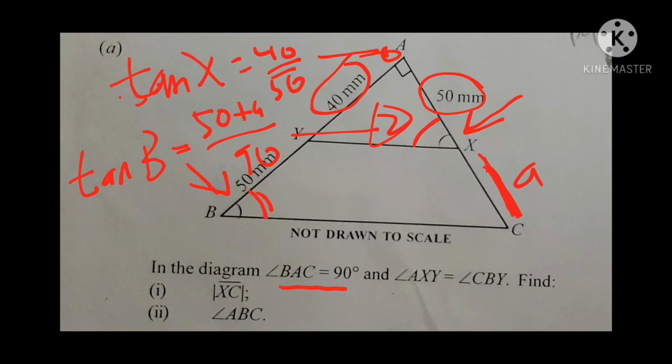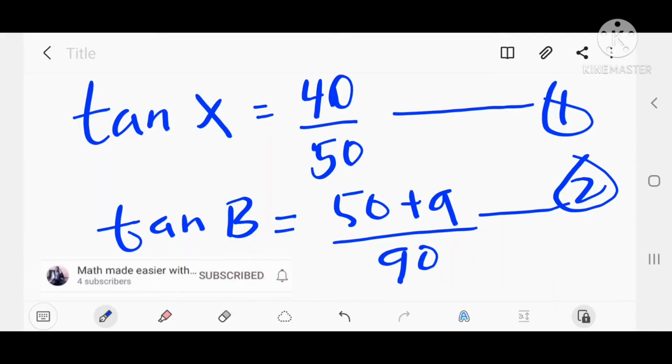All right, let me move to a blank space. We have obtained our two equations by applying the tangent ratio: tan x equals 40 on 50 for equation 1, and tan b equals 50 plus a on 90 for equation 2.